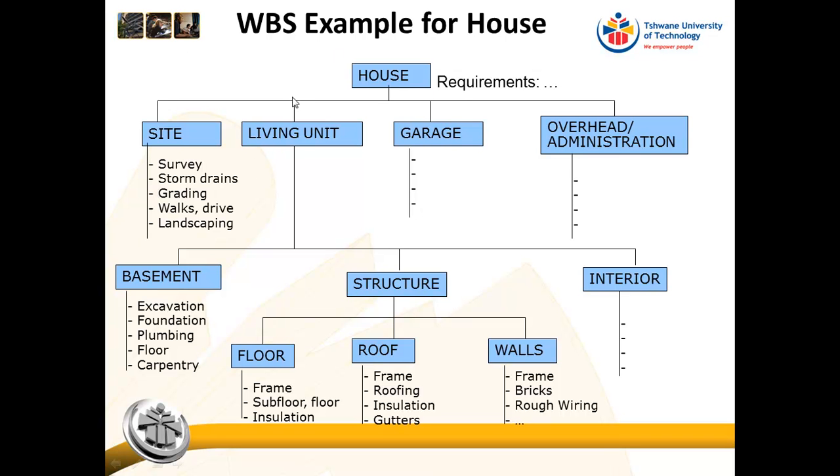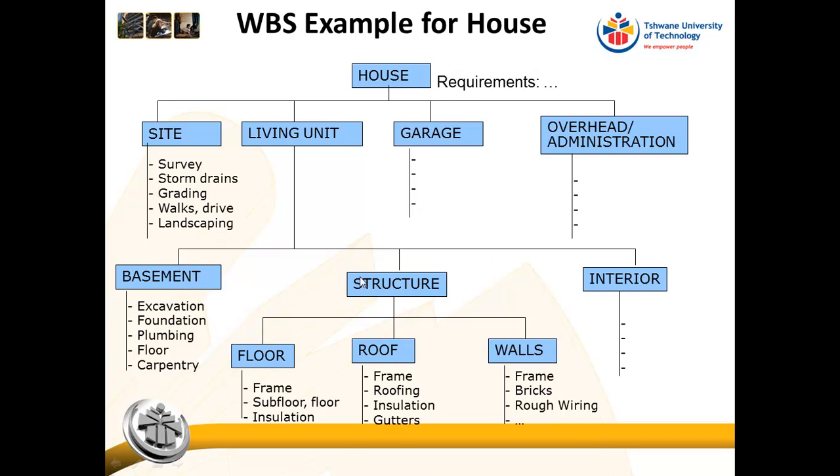Okay, so here you can see we've taken the house and we've said there's the site that we have to do, there's the living unit, there's the garage, and then we've also put overhead and administration or project management as one of the high-level activities that needs to be done. Then the living unit, you can see this is an American house because they always have a basement.